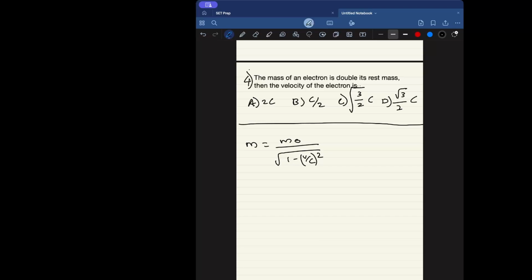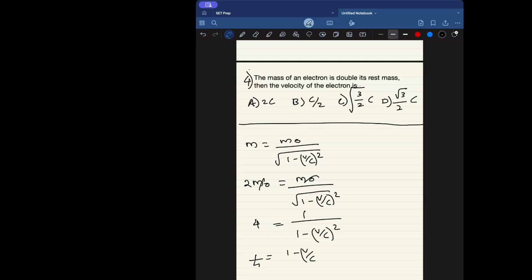So m equal to double its rest mass, 2 m0 equal to m0 by root over 1 minus (v/c) square, or we can cancel m0 and write 2 equal to 1 by root over 1 minus (v/c) square, or 1 by 4 equal to 1 minus (v/c) square.